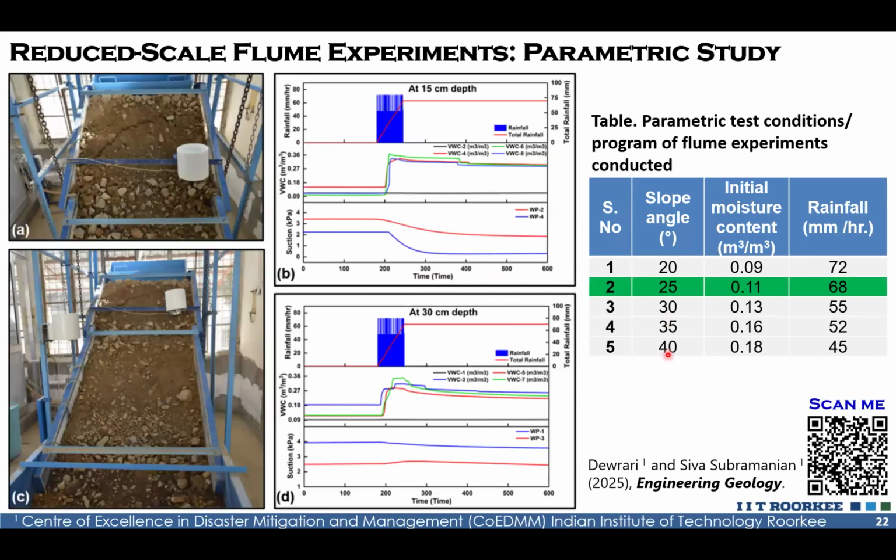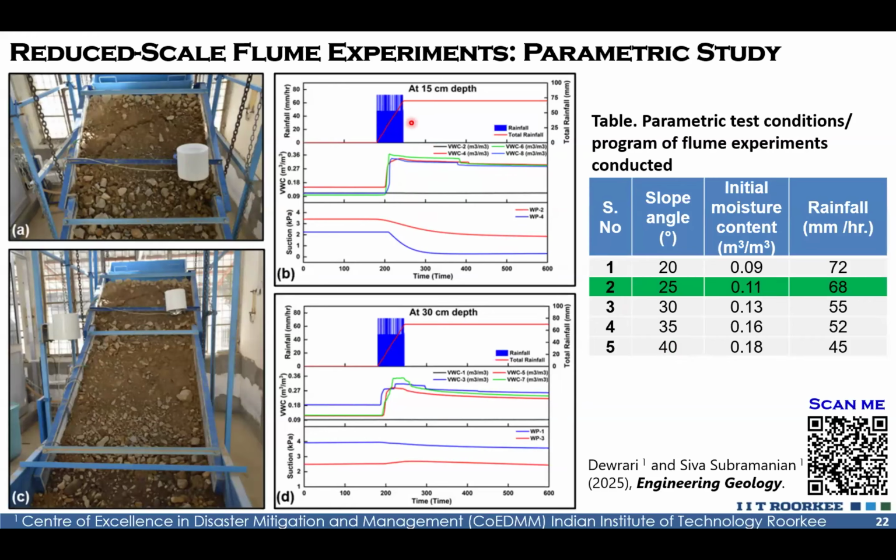When this rainfall is given under different conditions, we have seen in the 2-dimensional cross section that there are some variables which we can monitor from the field: the soil moisture, the positive pore water pressure, or the change in matrix suction. We also used similar sensors in the flume to track those hydraulic and hydrological variables.